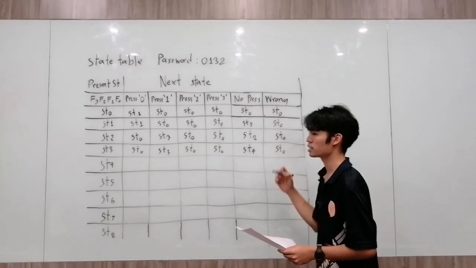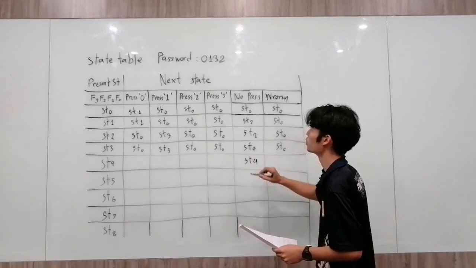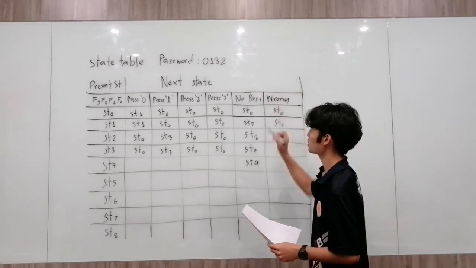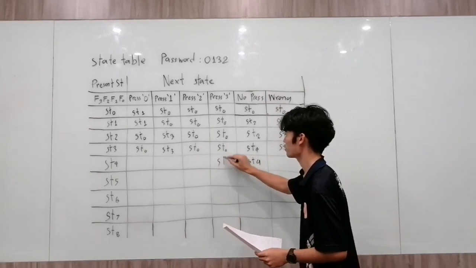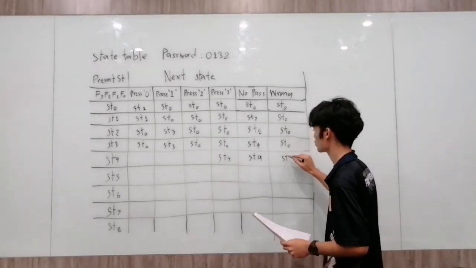If you still release the button, it's still in state 4. When you press button 3, it goes to state 5. Other cases go to state 0.